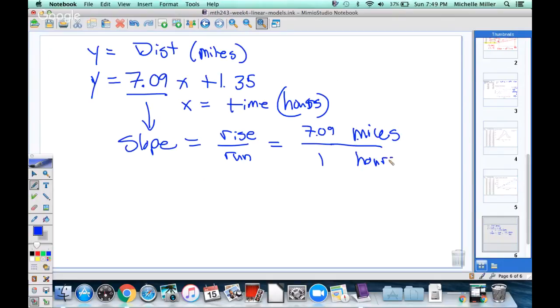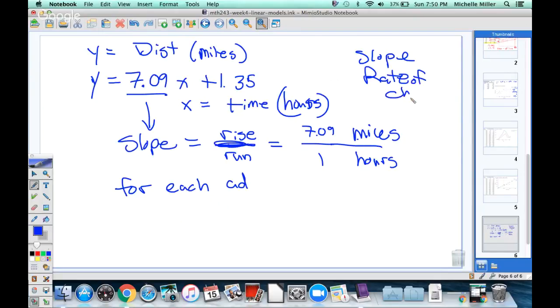So in order to figure out what this equation means, you pretty much got to think through what each variable is. So this tells me that for each additional hour, because slope is a change, right? Slope is a rate, which means fraction of change. Each variable is changing.